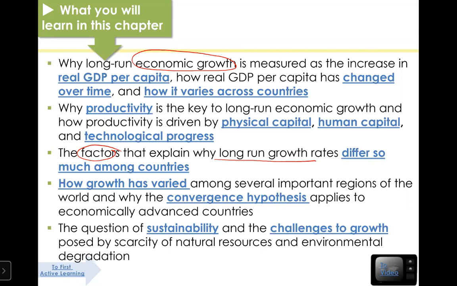And then lastly, we talk about sustainability of long-run economic growth. This naturally leads to resource and environmental issues, right? So that's the roadmap of this chapter.